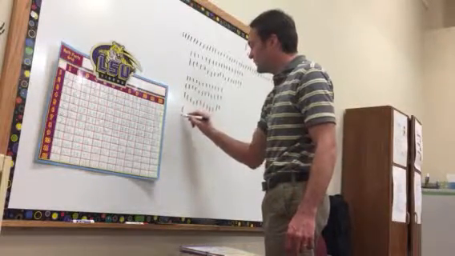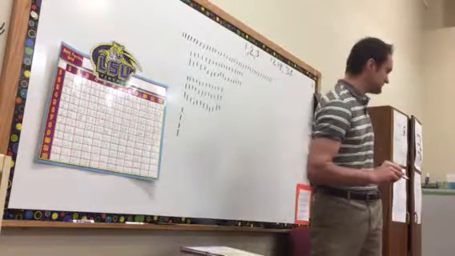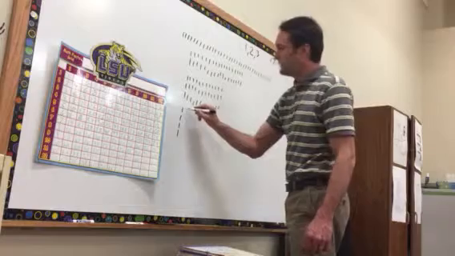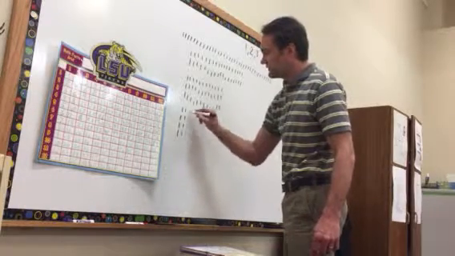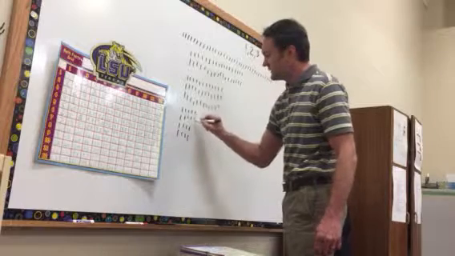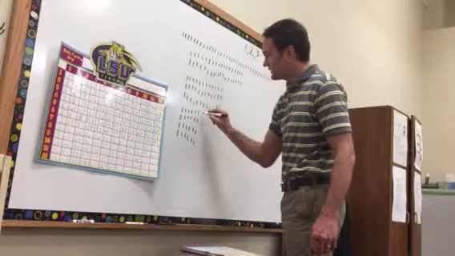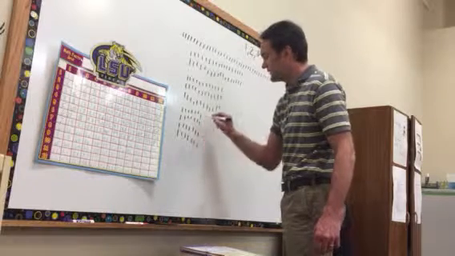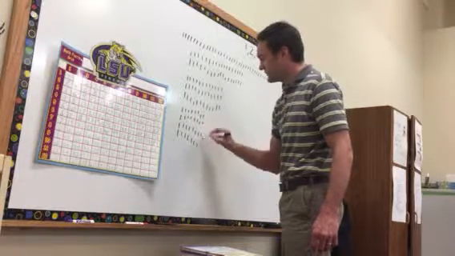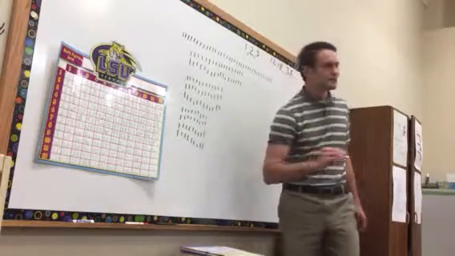Okay, so we'll do 1, 2, 3, 4 to start. 5, 6, 7, 8, 9, 10, 11, 12, 13, 14, 15, 16, 17, 18, 19, 20, 21, 22, 23, 24, 25, 26, 27, 28, 29, 30, 31, 32, 33, 34, 35, 36.